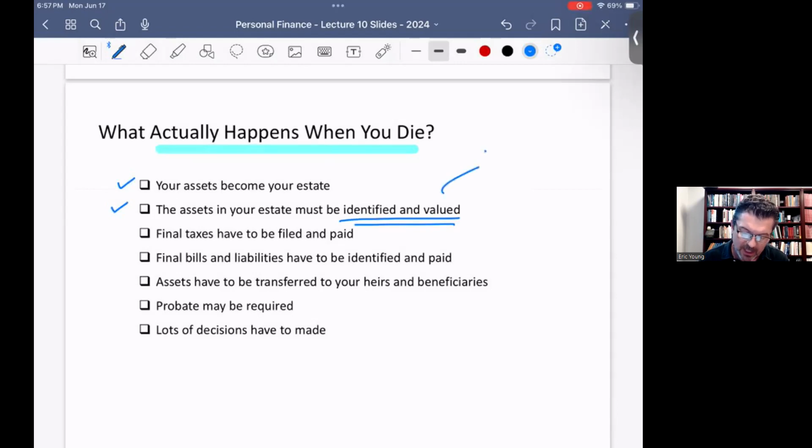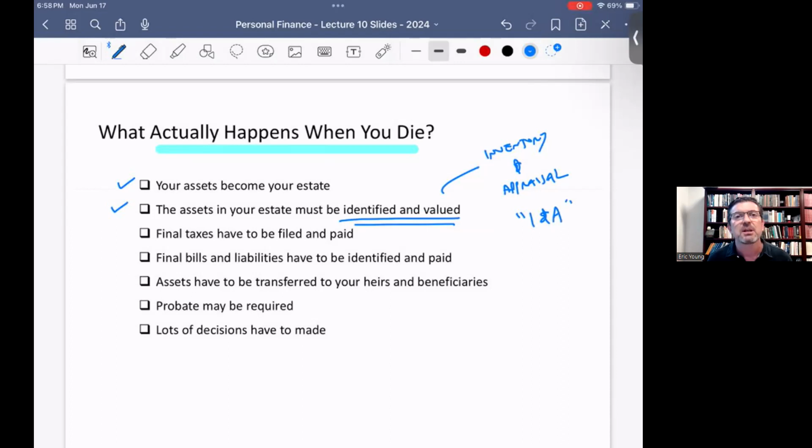This process, by the way, is known in the probate world as inventory and appraisal, or I&A. So I&A, inventory and appraisal, is the process by which your executor or your representative, the person who you nominate to take care of your affairs once you're dead, has to identify all your assets and value them, and then submit that document, that I&A, to a court to demonstrate what you have.